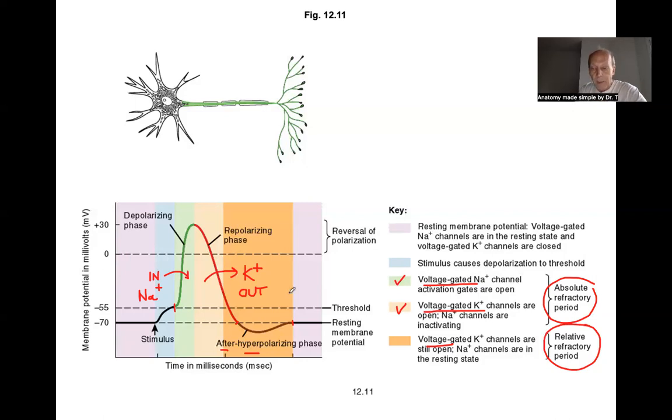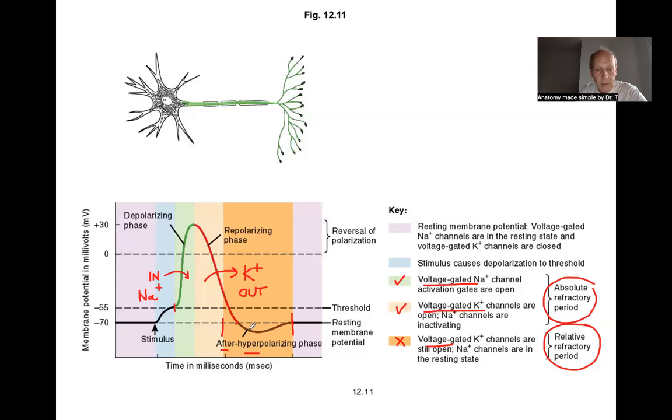But in a relative refractory period, referring to this beige orangish part of the diagram, it is this segment where voltage-gated potassium channels are still open, sodium channels are already in a resting state, so during the relative refractory period it is possible to stimulate the cell.